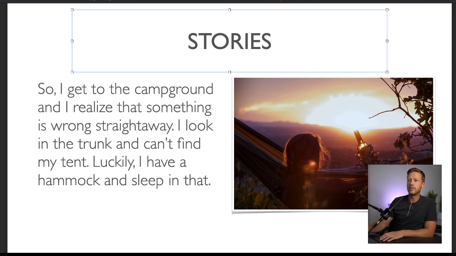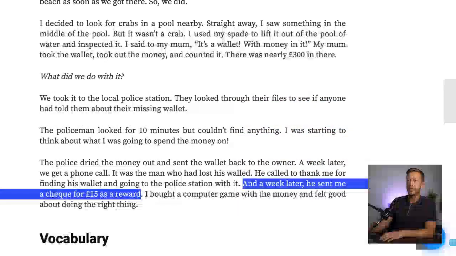Now, what I can do here is take this story and talk about it using the present simple. Now, I haven't practiced this, so it might not be perfect. But here it goes. My parents and I go to the beach with my cousins, and I'm really excited about trying to find some crabs.